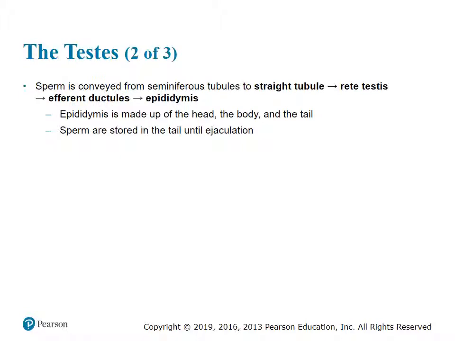All right, so sperm goes from the seminiferous tubules to a system of other tubes and eventually ducts, and they're named here, right? Seminiferous tubule, straight tubule, rete testis, to efferent ductules, and efferent ductules to finally the epididymis, to the vas deferens, right?